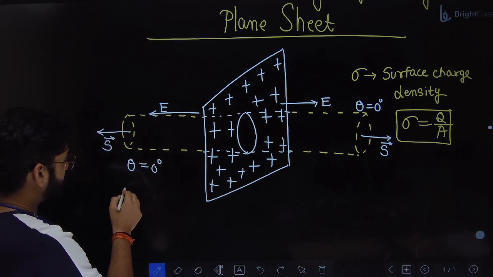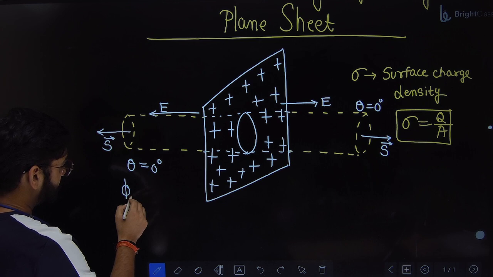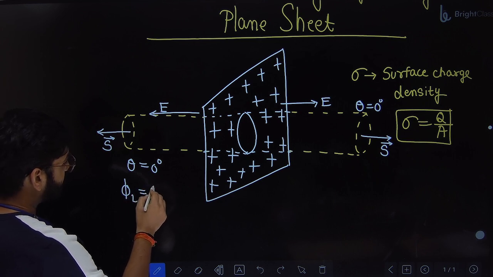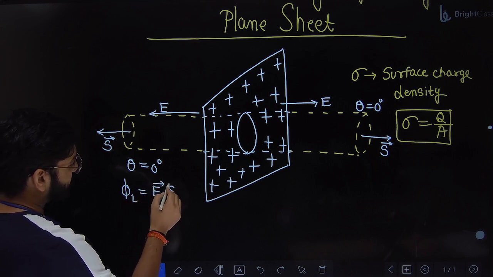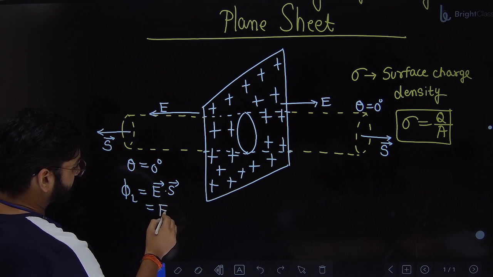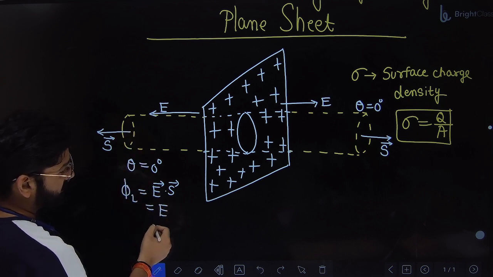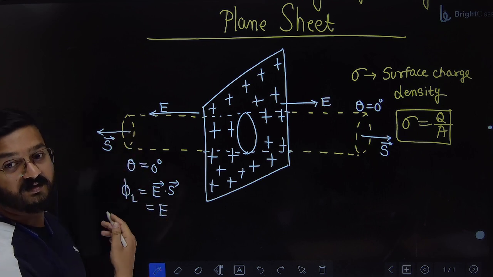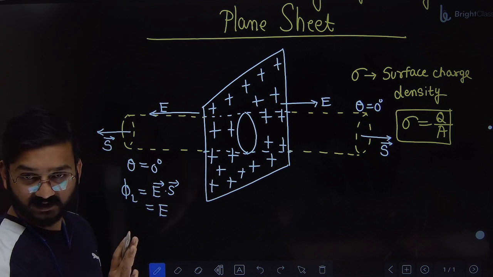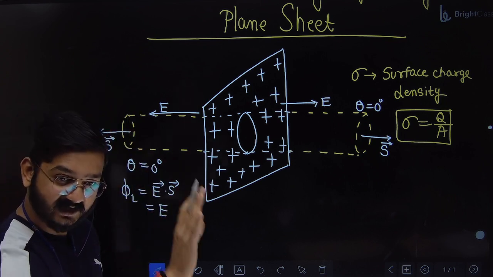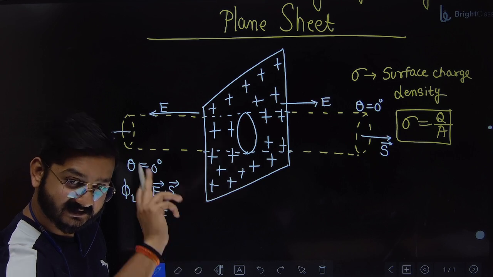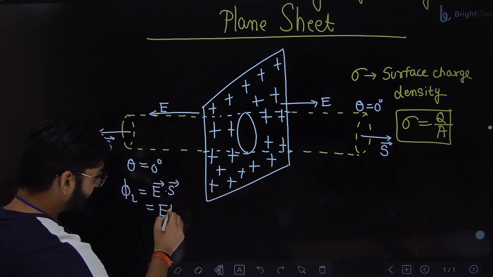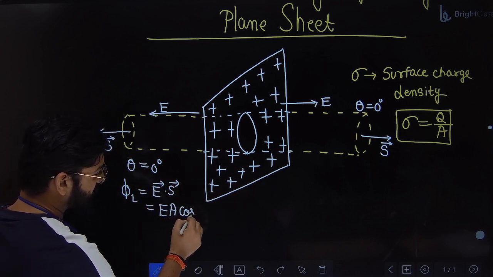Zero. What is the angle in this case also? Zero. So what is the flux because of the left surface? E dot S, which is ES cos theta. What is the area? Is the area given? You will say, sir, circle. The radius is not given, so I'm taking the area as A. So EA cos 0.